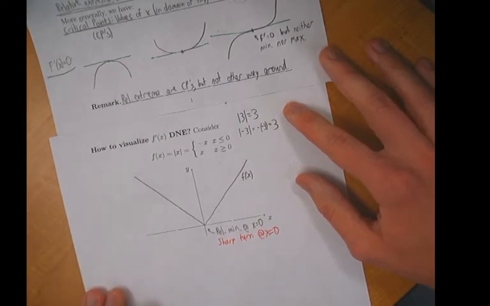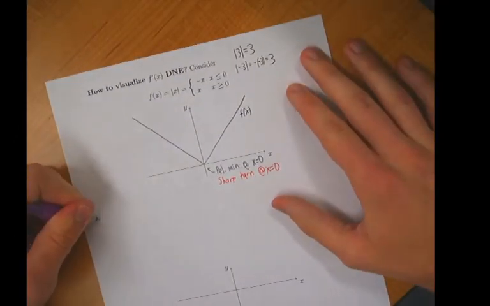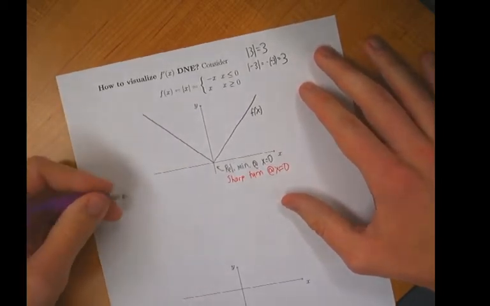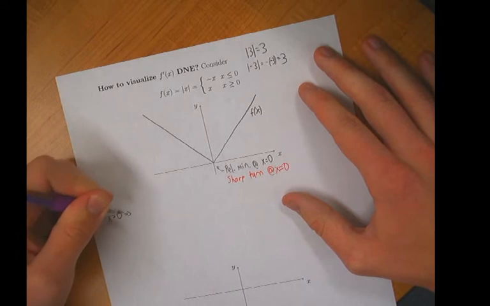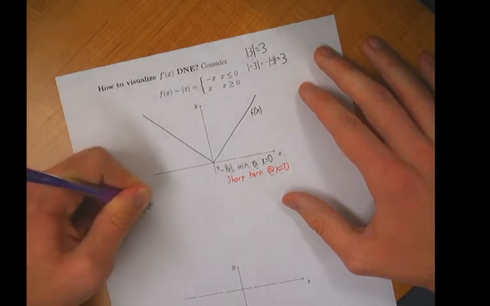So let's take a look at the differentiability of this. If x is greater than 0, as we already established, f of x has to be equal to just x.